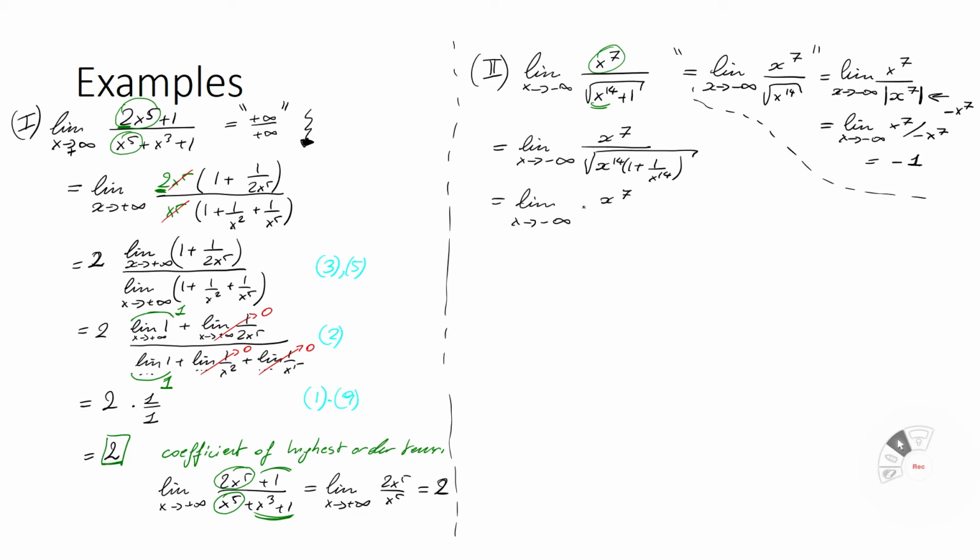We get x to the 7 divided by, and here you get again that absolute value, x to the 7 times the square root of 1 plus 1 over x to the 14. We can apply the same simplification here and here. These two cancel, and the only thing that you get is a minus sign. So we get limit x going to minus infinity of minus 1 over this square root. And now, again, limit of a quotient is quotient of the limits.